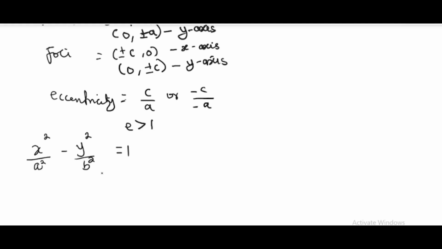In an exam, if you are given a question on the equation of a hyperbola, please be careful. The difference between this standard equation of a hyperbola and an ellipse is just the sign. For a hyperbola, it is difference, while for an ellipse, it is addition.